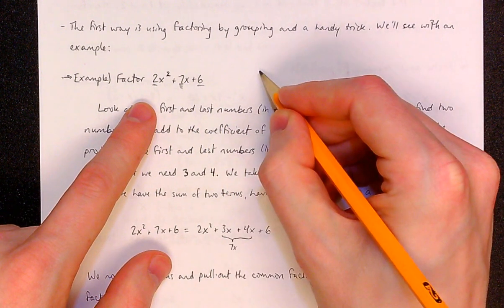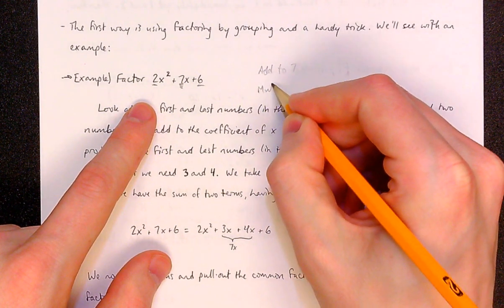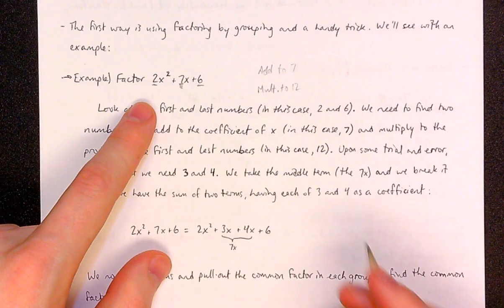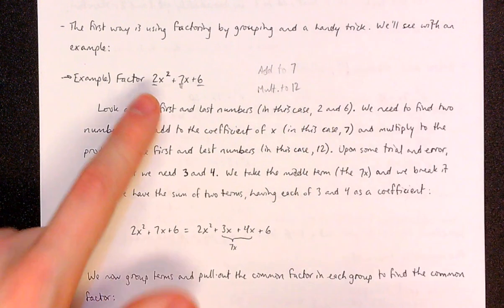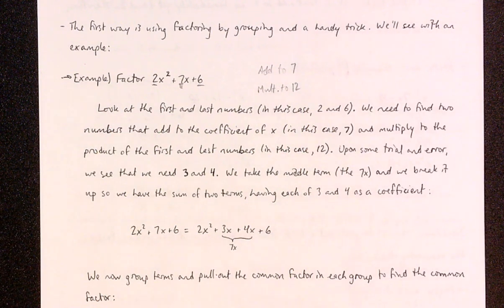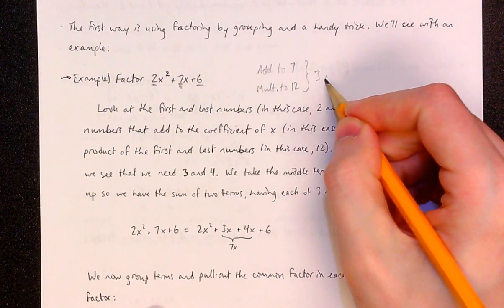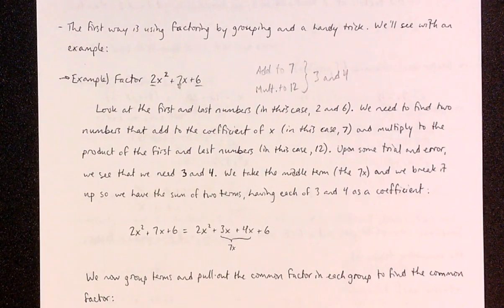So I need things that will add to 7 and multiply to 12. If you do some thinking, it shouldn't take you too long to see that we get 3 and 4. So 3 and 4 are the numbers that I'm looking for. They add to 7 and they multiply to 12.